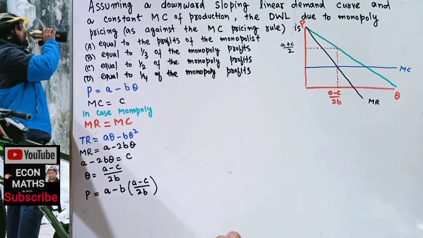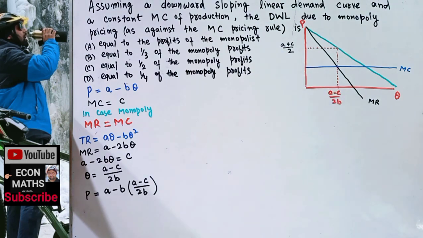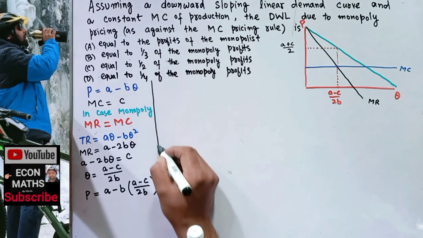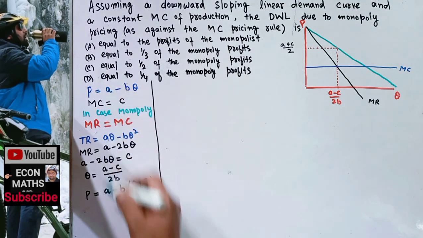So we are done with the monopoly output and monopoly price. Now we need to compare it with the marginal pricing rule, when the output is being produced as in the case of perfect competition. We know this was about monopoly.